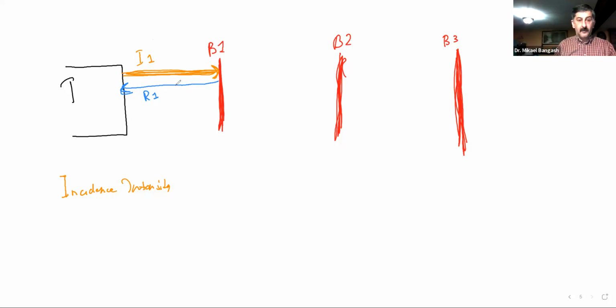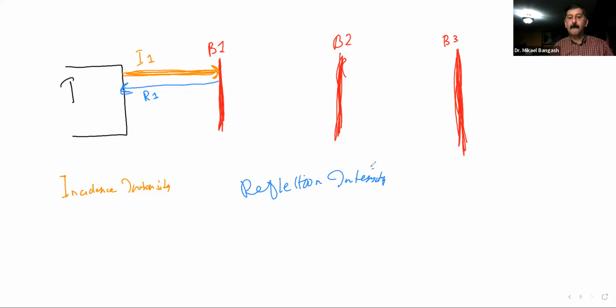This reflection is going to carry a certain amount of energy. That reflection also has its own intensity, so we're going to call that the reflection intensity. Is that clear?